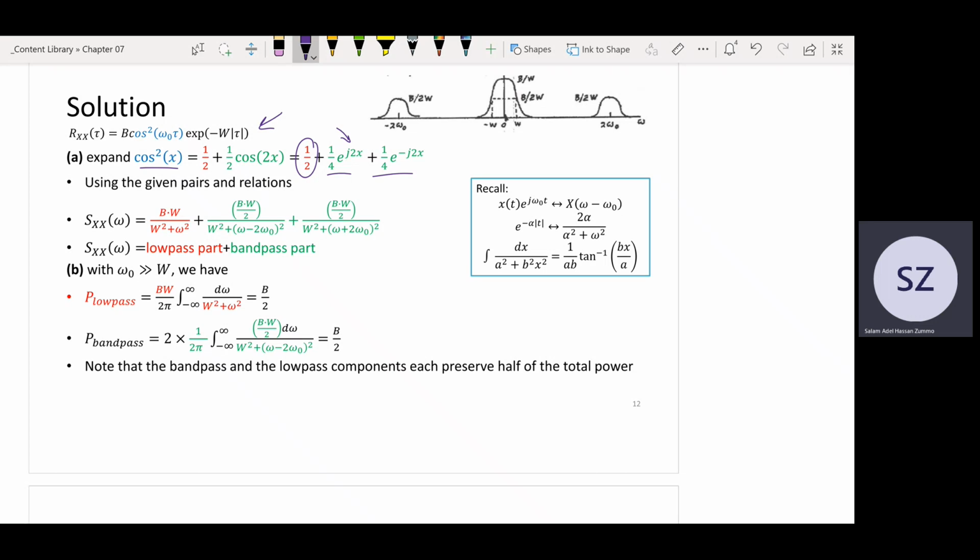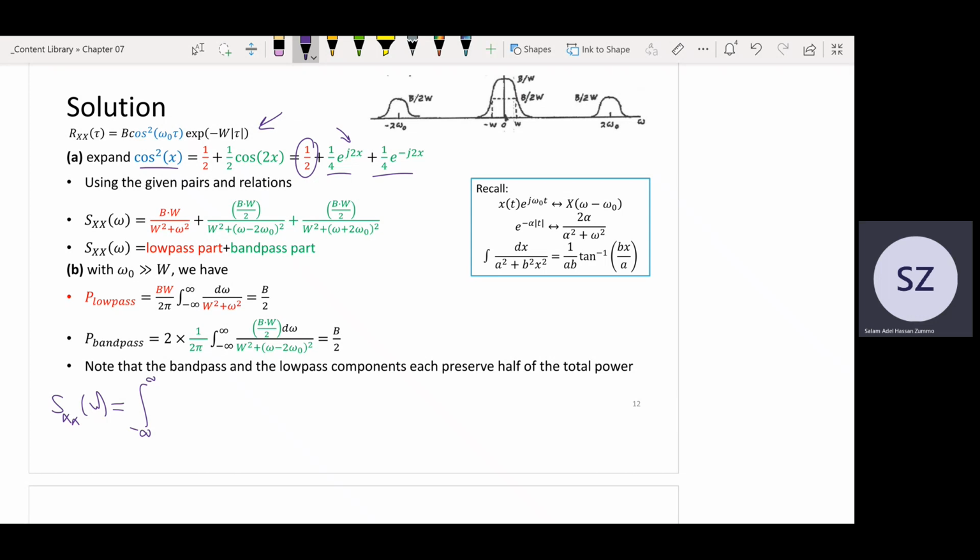So let me write it so that we don't get confused. S_xx of omega is the Fourier transform, right? So what is the equation? The integral from minus infinity to infinity of the autocorrelation function. What is the autocorrelation function?